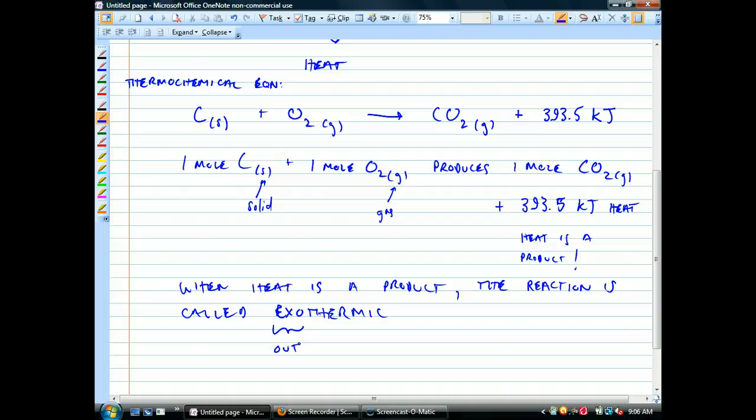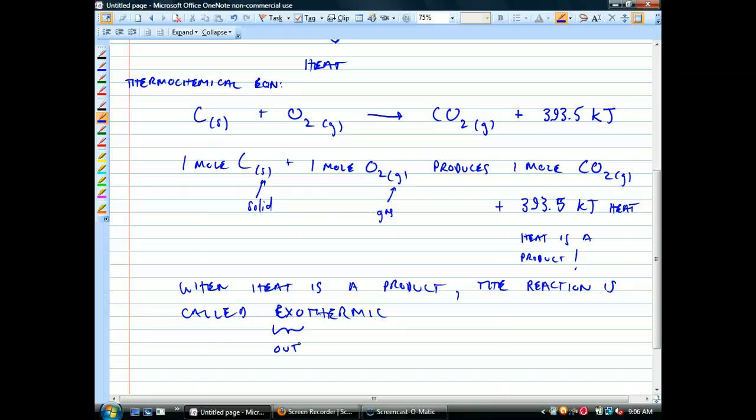It's giving off heat. If I was holding a container that had carbon burning in it, the container would feel hot or cold? Hot, right? Because the reaction's giving off heat. So the reaction's giving off heat into my hands, or if I'm sitting around a campfire, the campfire's giving off heat.